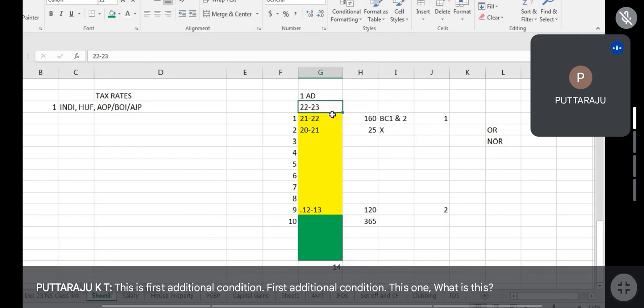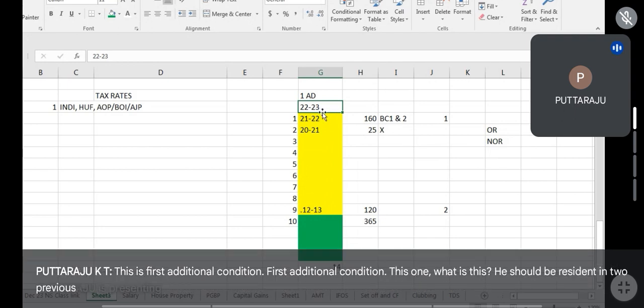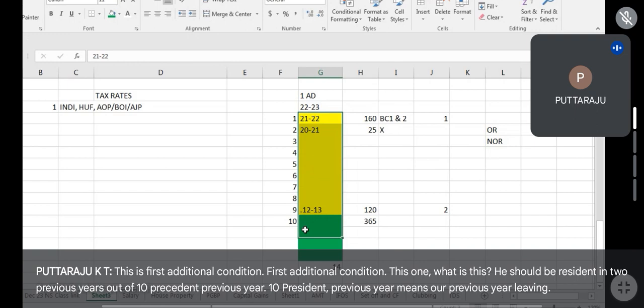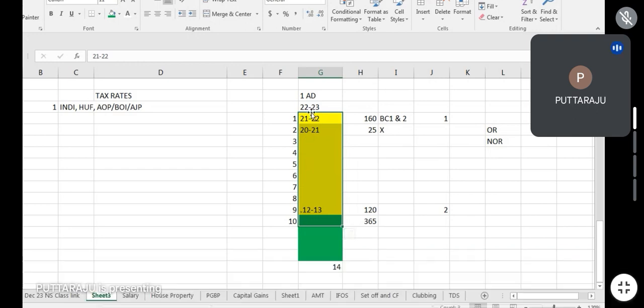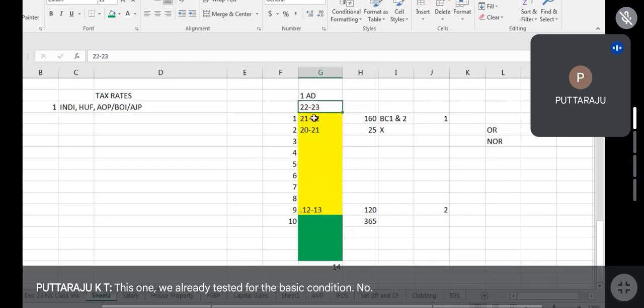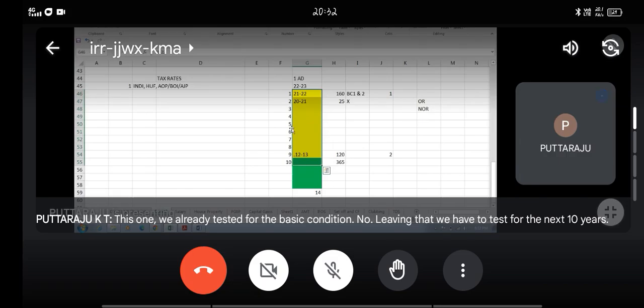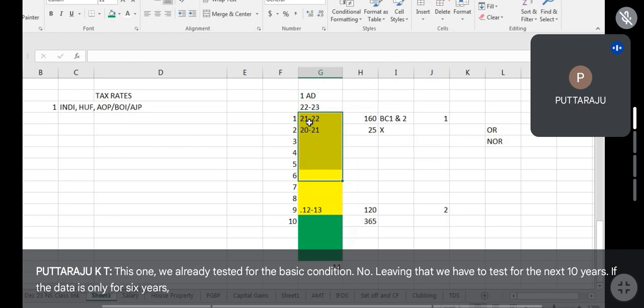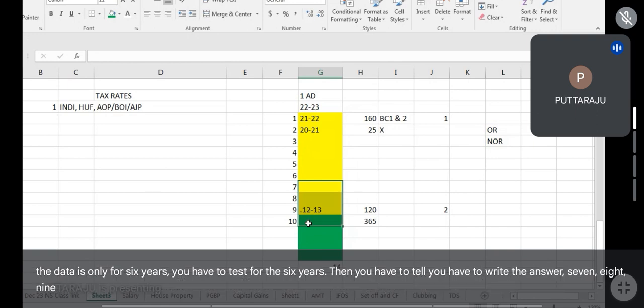He should be resident in 2 previous years out of the 10 preceding previous years. 10 preceding previous years means leaving our previous year, the 10 prior to that. This one we already tested for the basic condition, so leaving that, we have to test for the next 10 years. If the data is only for 6 years, you have to test for the 6 years. Then you have to write the answer, saying that 7, 8, 9 years data is not available.